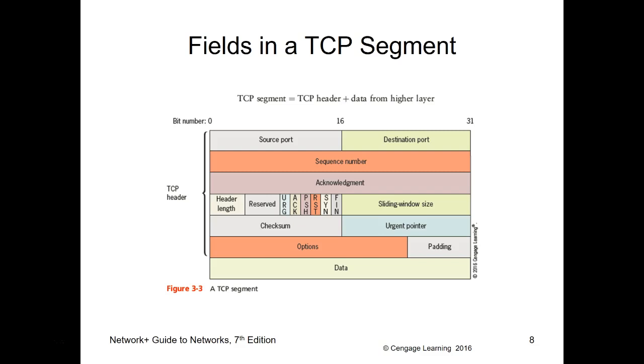You can open up your calculator and check. What is 2 to the 16th power? What is the biggest source port I can get and the biggest destination port? I can wait.